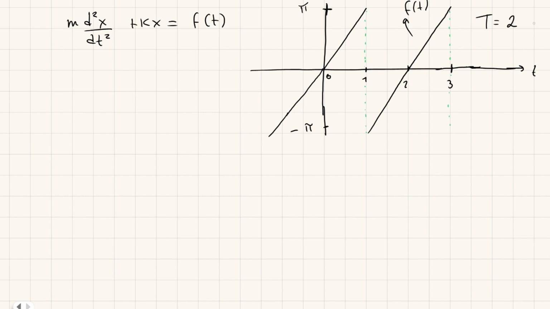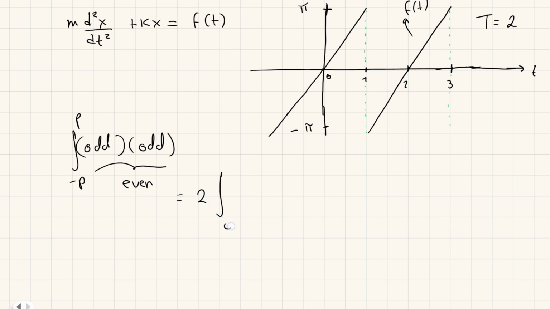Okay, so looking that it is an odd function, remember that if you have an integral on a symmetric interval from negative p to p, for example, of an odd function times an odd function, this is going to represent an even function. So we are integrating an even function, and this is going to be twice the integral from 0 to p of that even function.